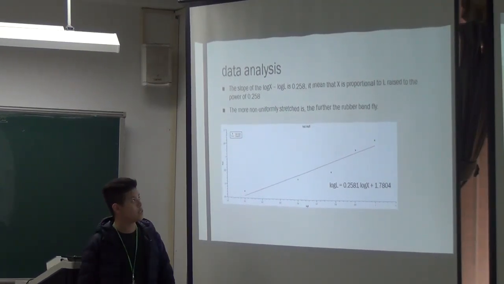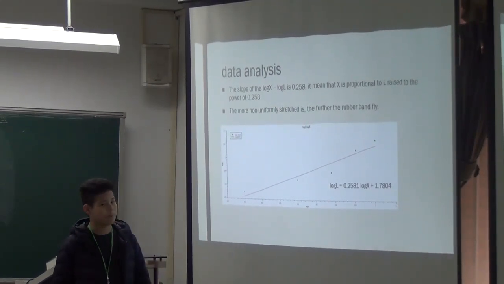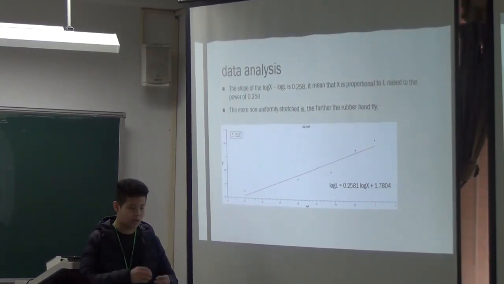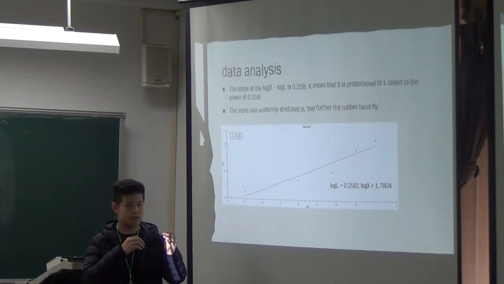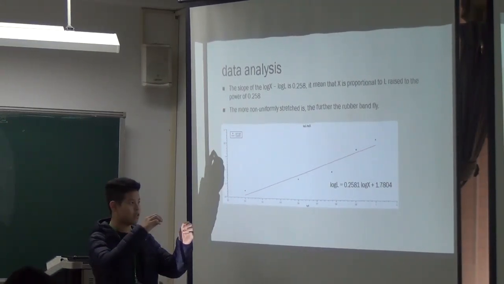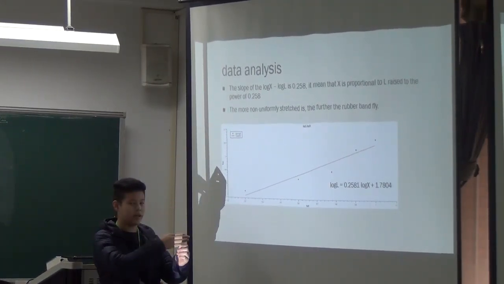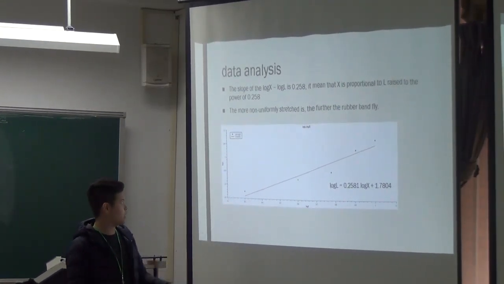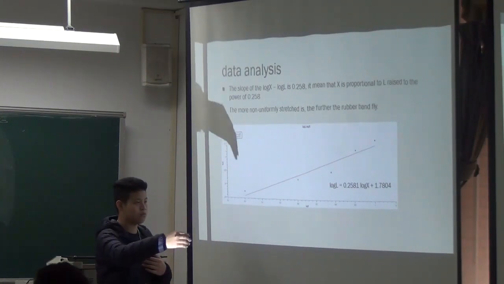And this is our data for the rubber band shoot. The L means the difference between the rubber band on the right hand side and the left hand side. And the X means the distance we shoot.